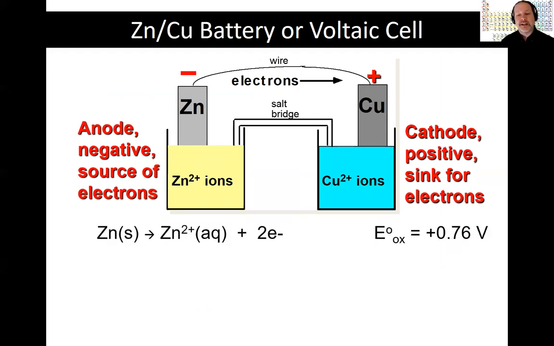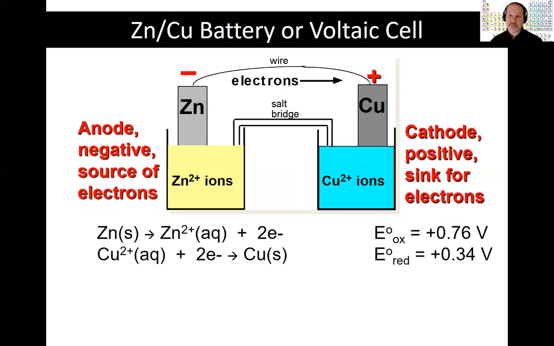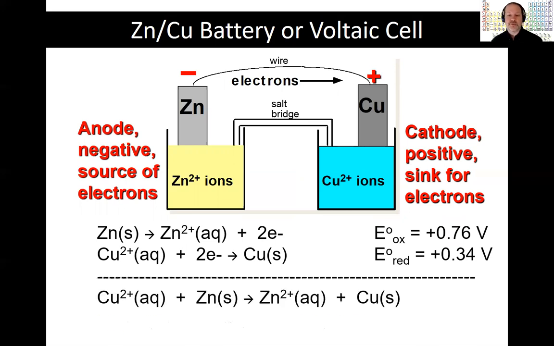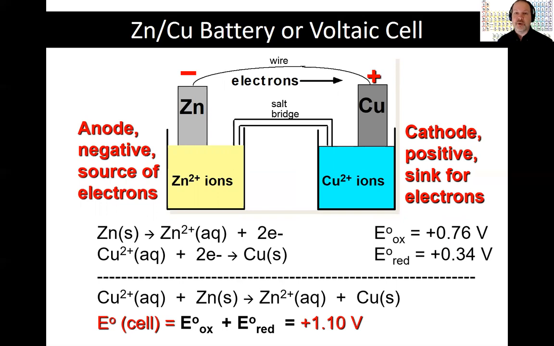Zinc rather wants to oxidize and give off electrons, and copper ions have a good potential to take that. Putting these two reactions together, we can come up with an overall cell potential or voltage that this battery combination would come up with of 1.10 volts.